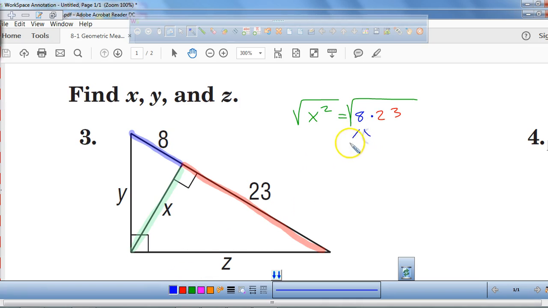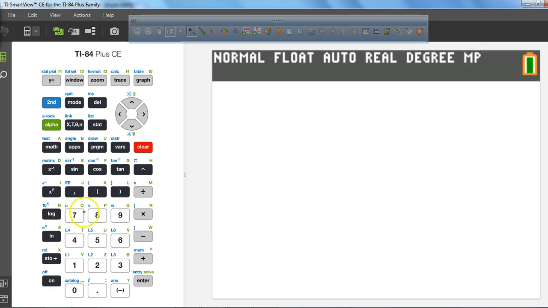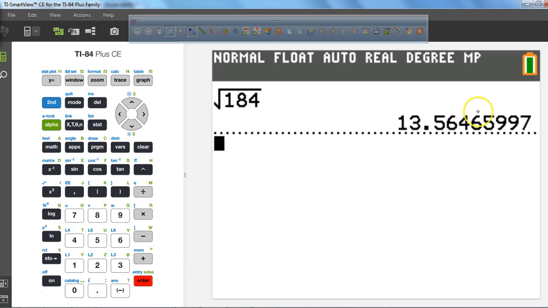We're going to break down this to a 4 and a 2. 23 is just a 23 and a 1. The 4 breaks down to a 2 and a 2, so a 2 comes out. So we have 2 radical, and 2 times 23 stays in, so you're left with 46. Now, in the calculator, if you type in the square root of 184, you get this approximate value.